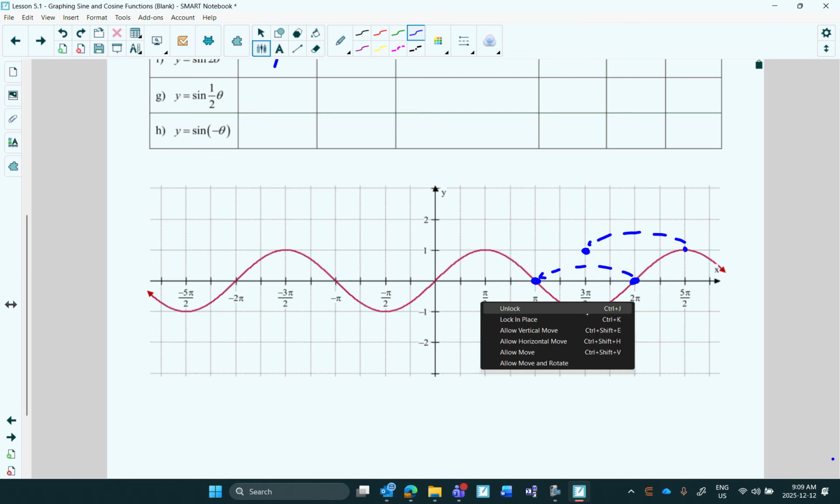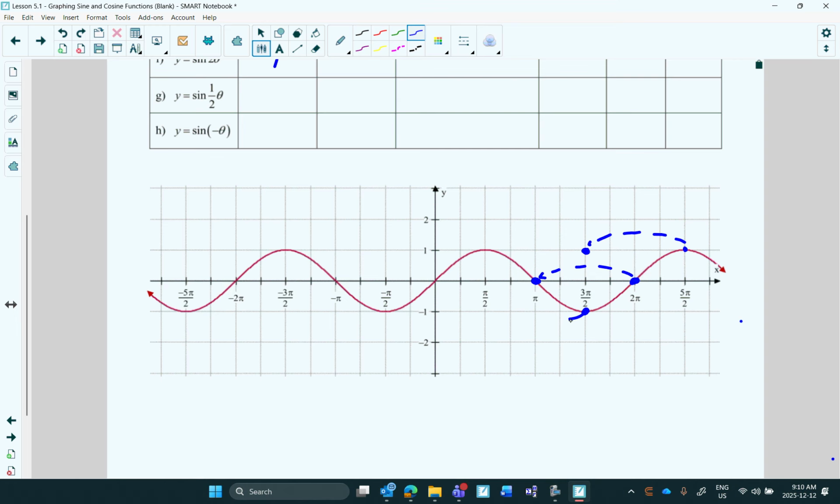This point would move 4 notches left to here, right? Here. So it compresses. Okay? This point moves to here. So notice it all squished in. Okay? So now it's looking like this.